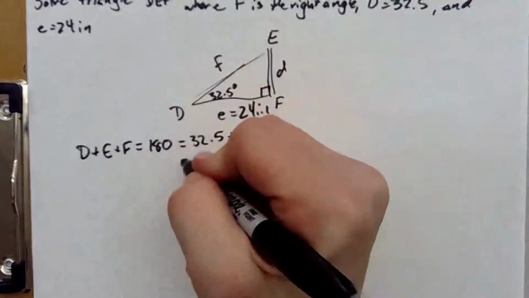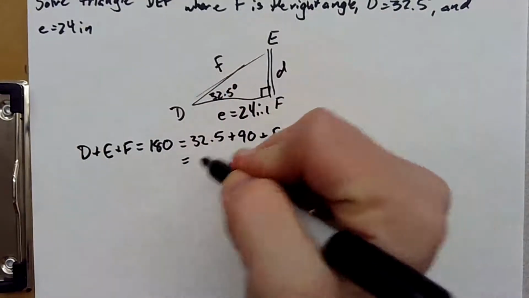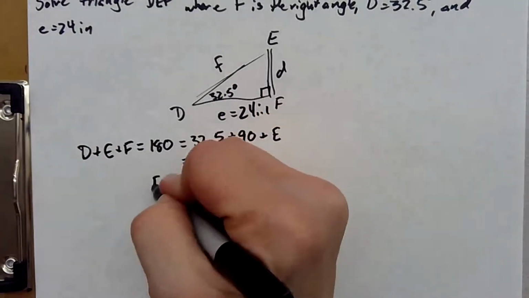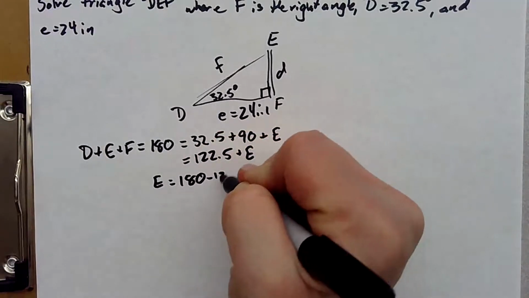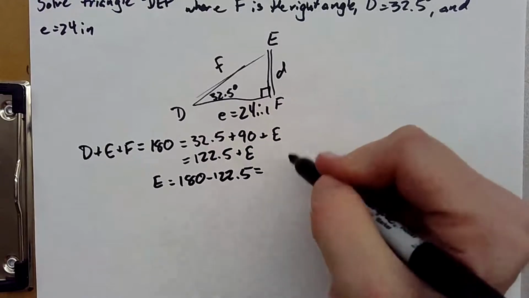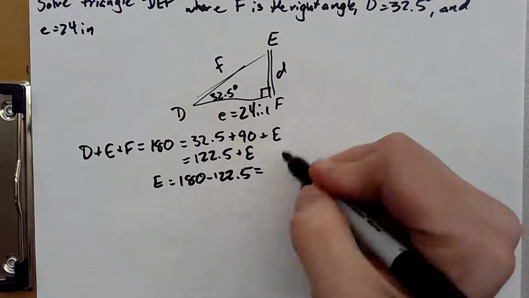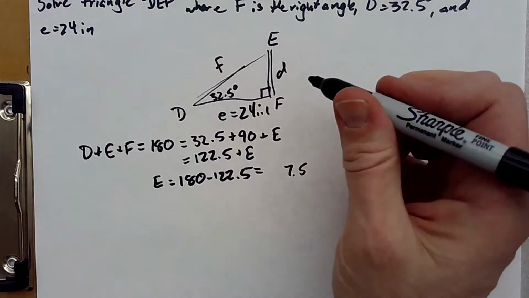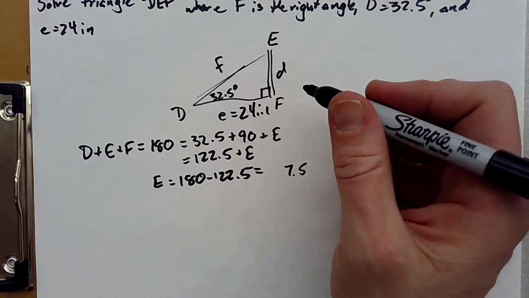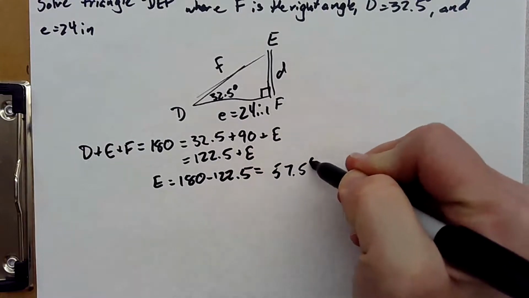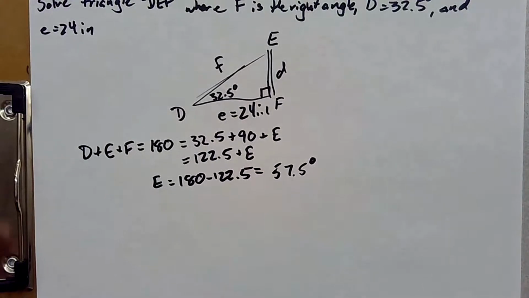If I add those two together, I get 122.5 plus E. So E is just 180 minus 122.5, which will give us 57.5 degrees.